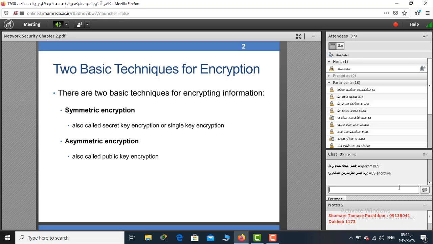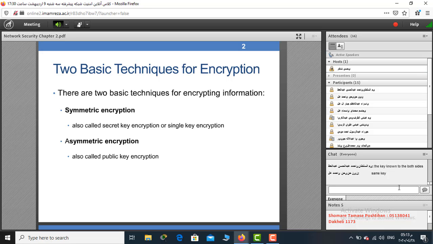Why is it called symmetric? Because, yes, it is also called secret key encryption or single key encryption. These are other names for symmetric encryption. Please pay attention. In symmetric encryption, both the sender and the receiver use the same key for encrypting and decrypting.